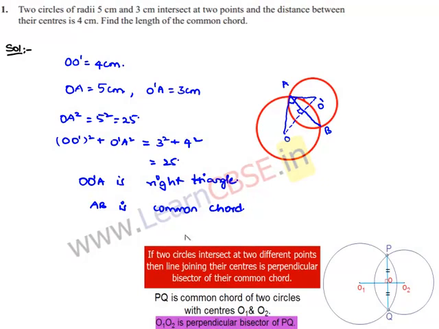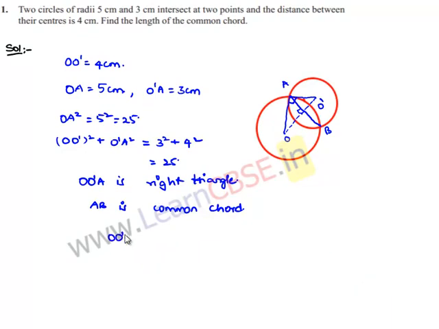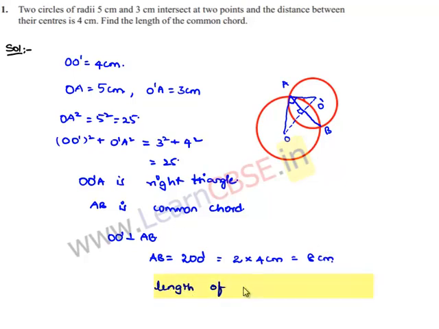Therefore we can say that OO dash will be perpendicular to AB and the length of the chord will be equal to 2 times O dash A, which is nothing but 4 centimeters. Therefore we get AB is equal to 8 centimeters, that is, the length of the common chord is equal to 8 centimeters.